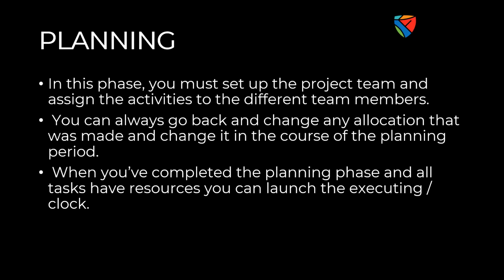So here we are working on planning. In this phase, you must set up the project team and assign the activities to the different team members. You can always go back and change any allocations that were made and change the course of the planning period. When you have completed the planning phase and all tasks have resources, you can launch the execution clock.